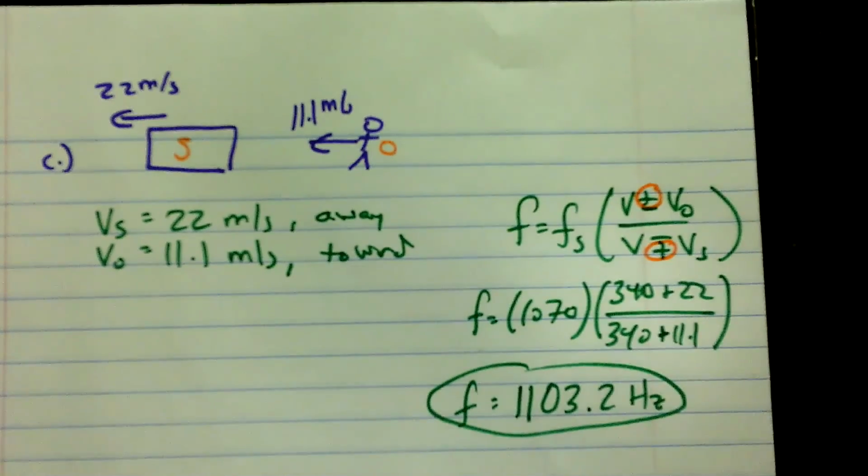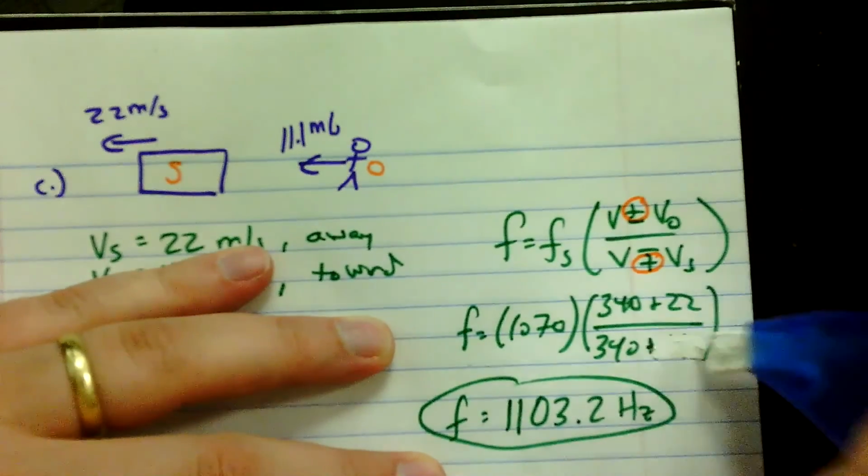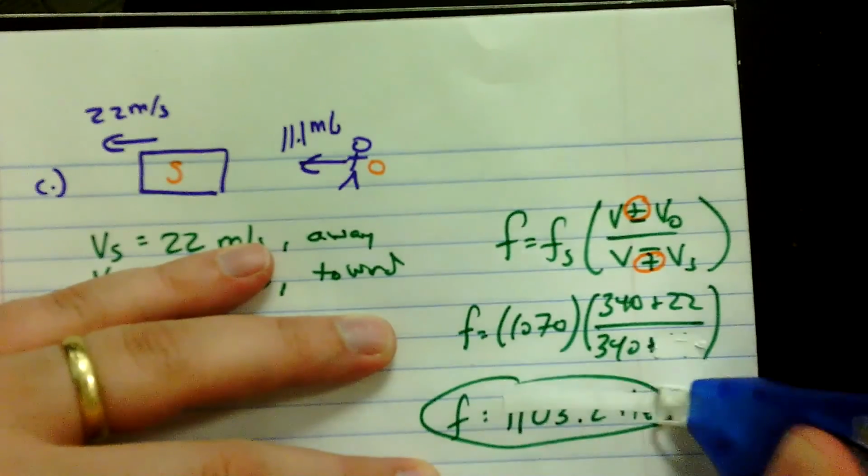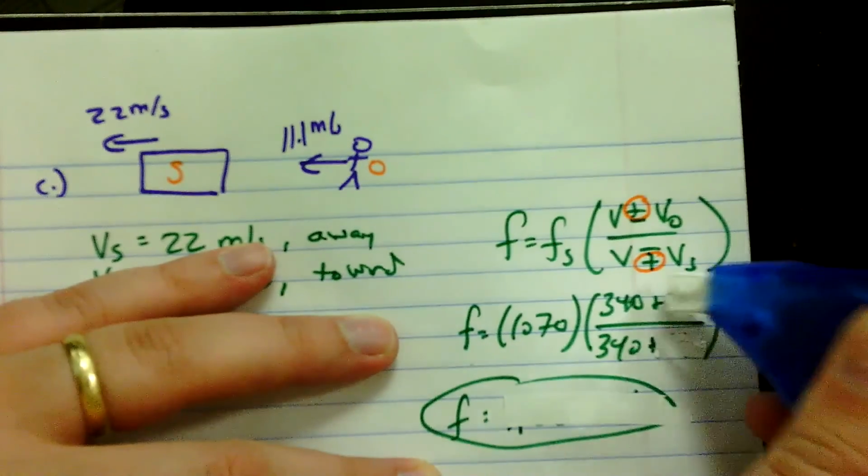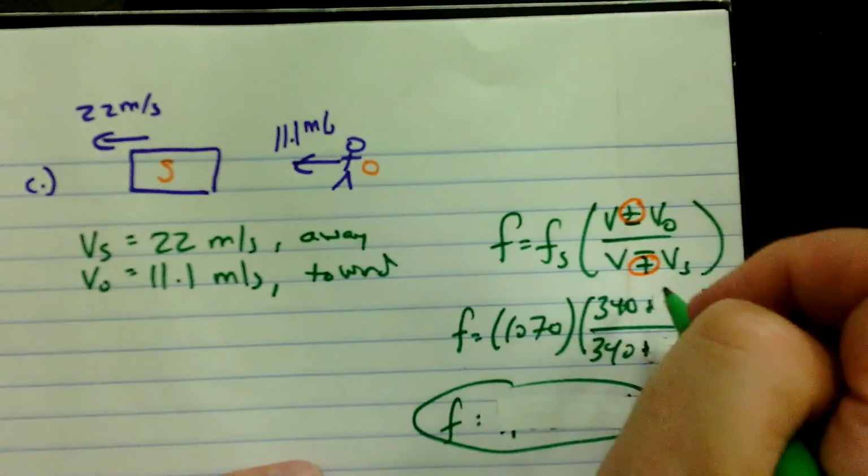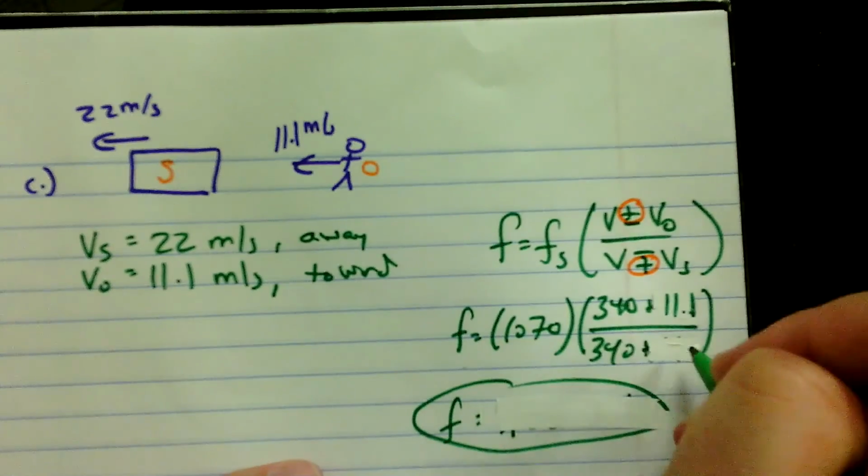You know what I've done? I put my numbers in the wrong spot. This was an example of what not to do. Okay, so the observer is 11.1.